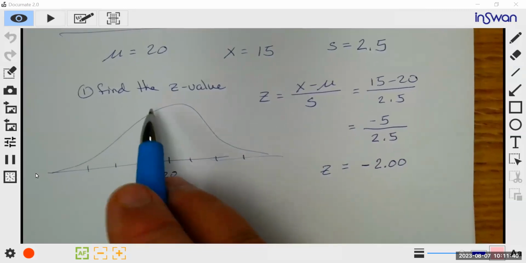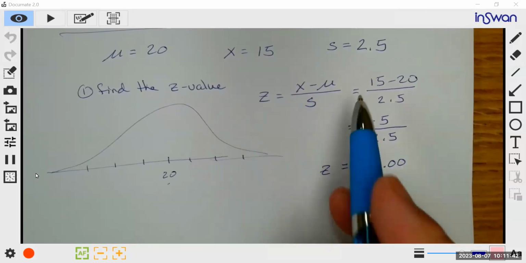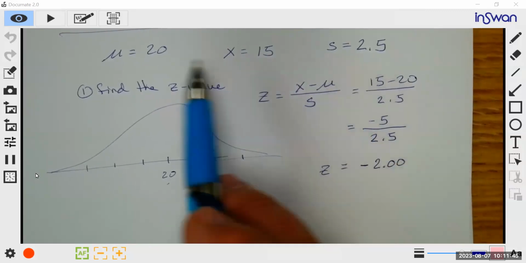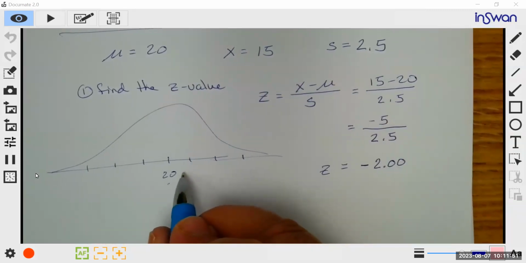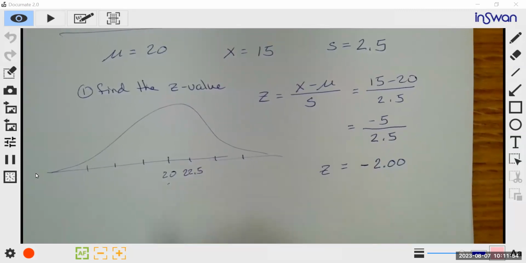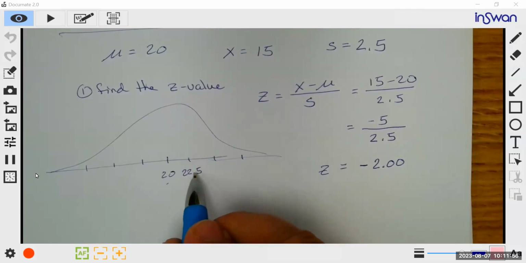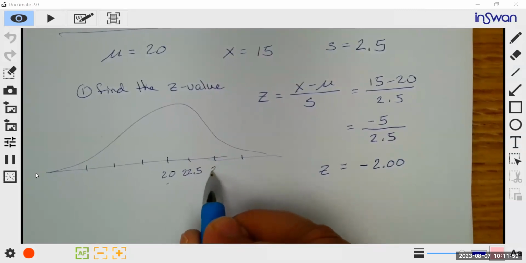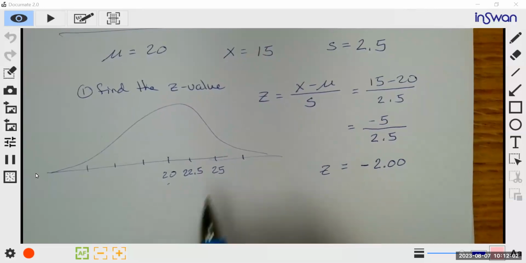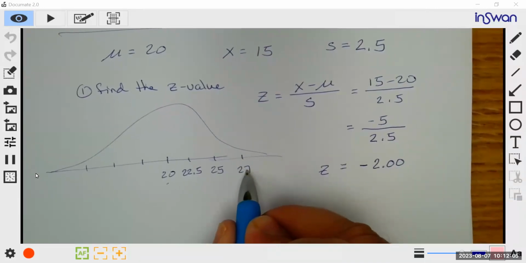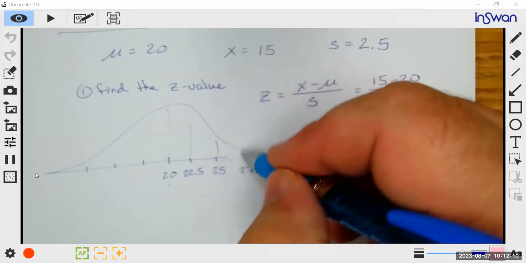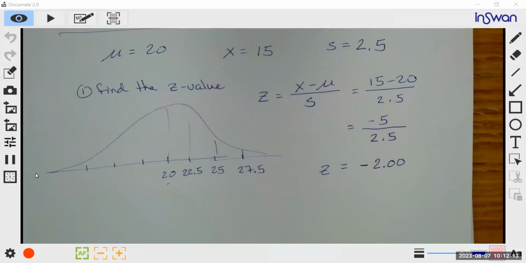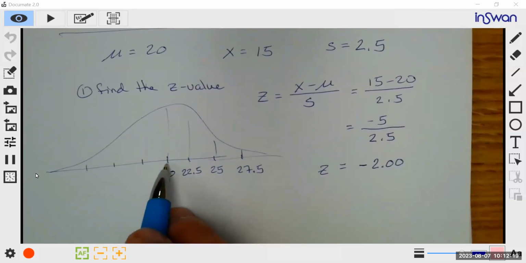Let's first go. So remember, our mean was 20. Our standard deviation is 2.5. So how do these two relate to each other? If I start with 20, that's my mean, and I add 2.5, I get 22.5. I add 2.5 more, I get 25. And then 2.5 more, I get 27.5. So these are the values at each of these standard deviations. Now to the left, I subtract it.